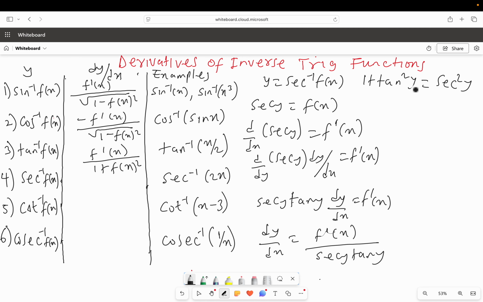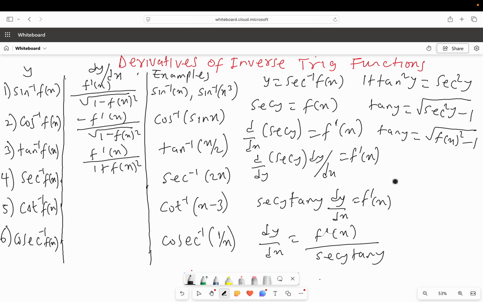So my tan y, if I make it the subject of formula, is equal to square root of sec square y minus 1. But my sec y is f of x, so it means my tan y is square root of f of x squared minus 1. And also my sec y is equal to f of x.